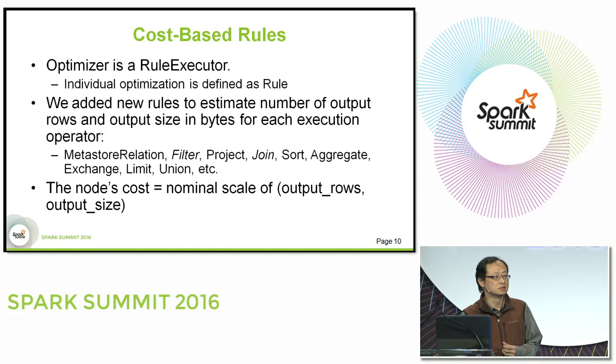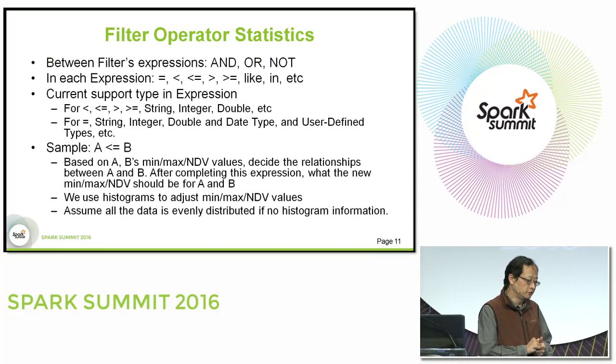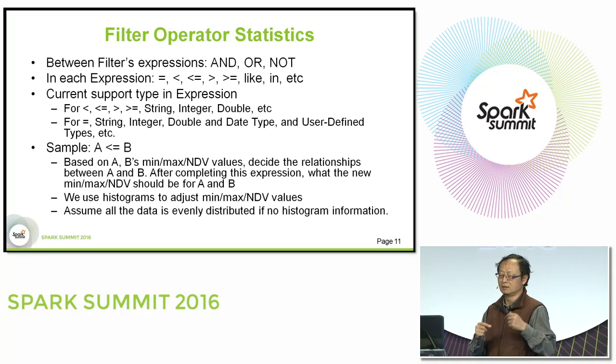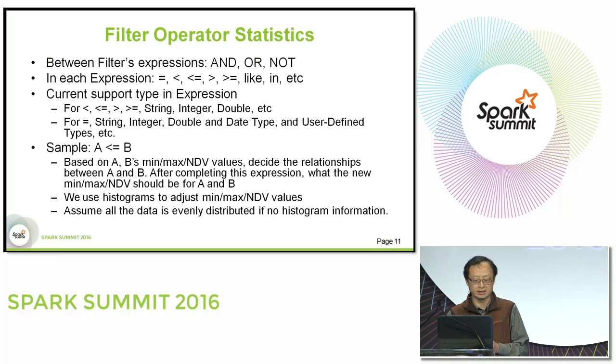Here, I'm going to give you some examples of how we compute the number of output rows for the filter and the join operator. For the filter operator, basically you have some expression.